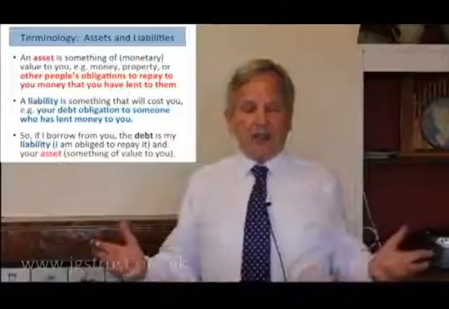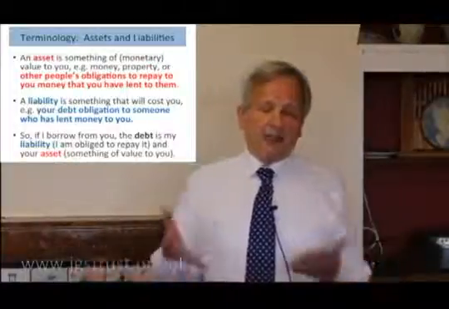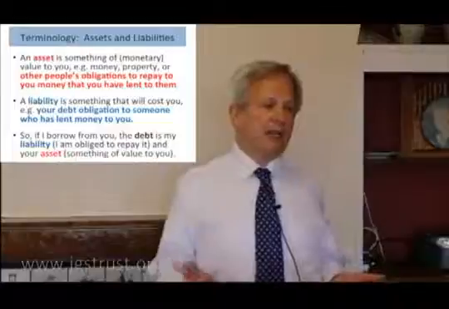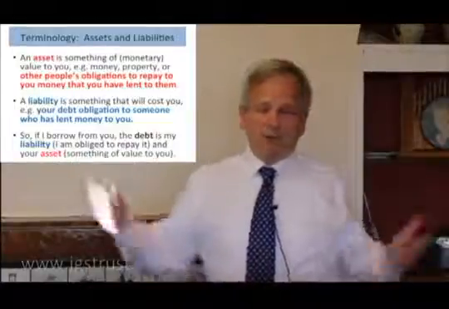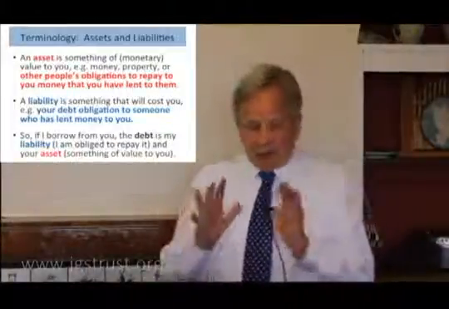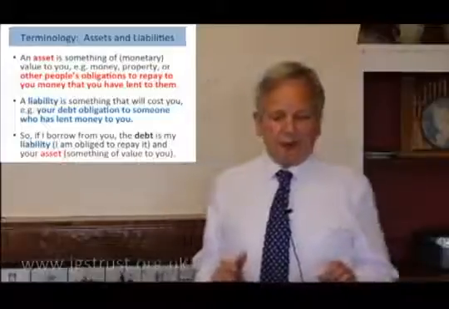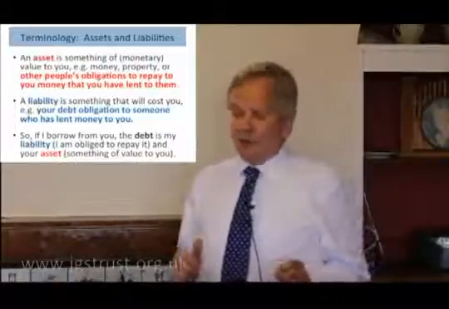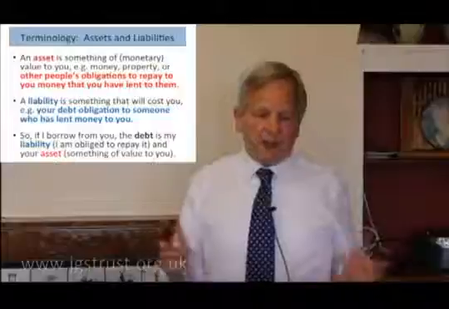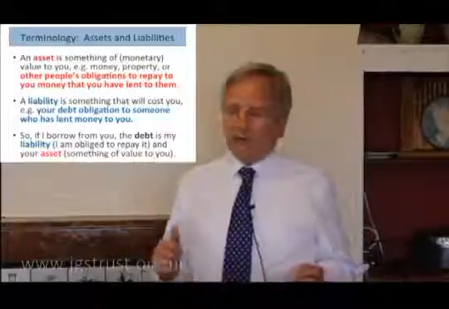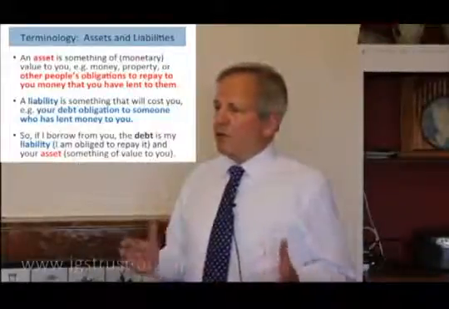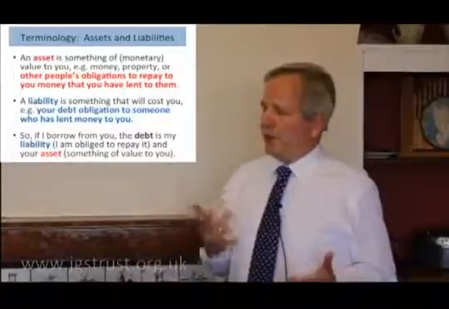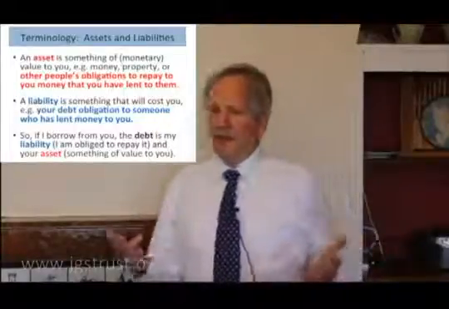So assets and liabilities. Well, an asset, in our context, we're talking about monetary assets. And obviously, your family is an asset to you, but we're narrowing down to monetary stuff of value, and can be property, but it also can be bonds or debts, other people's obligations to pay you money at some time in the future.